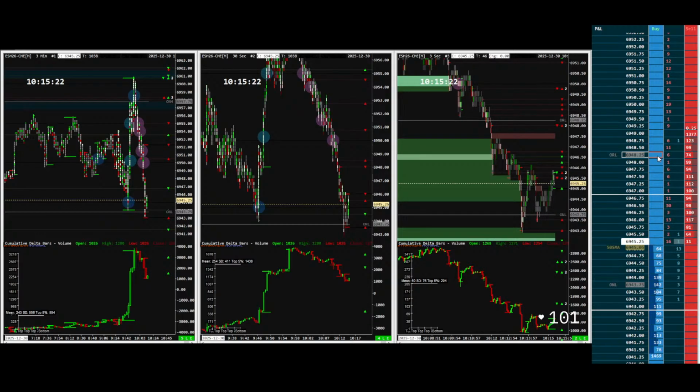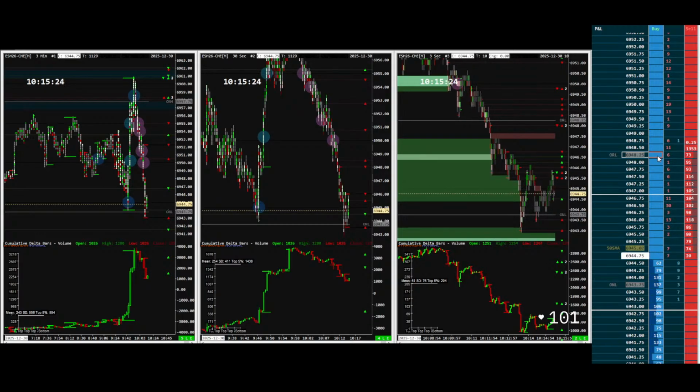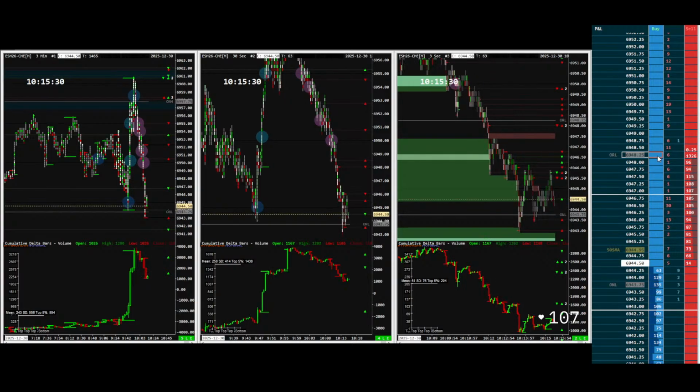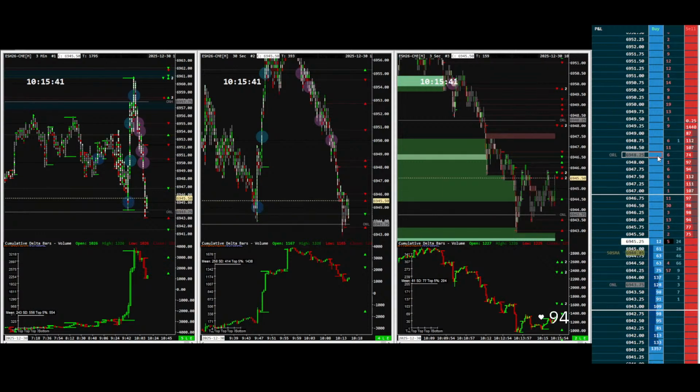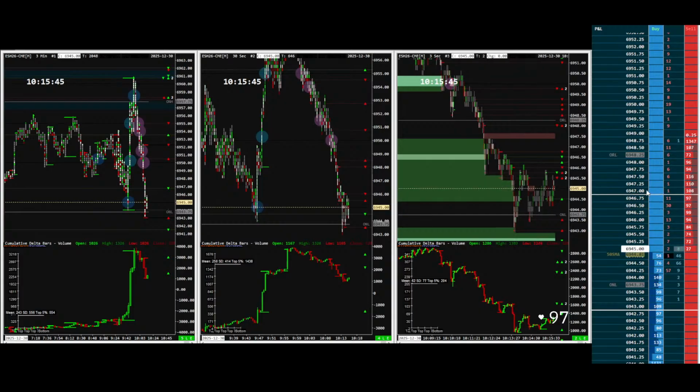So it did bounce something big on the 15-minute. There's no bids here. If you look at the cumulative delta, it's gone up on more than what it's gone down on.